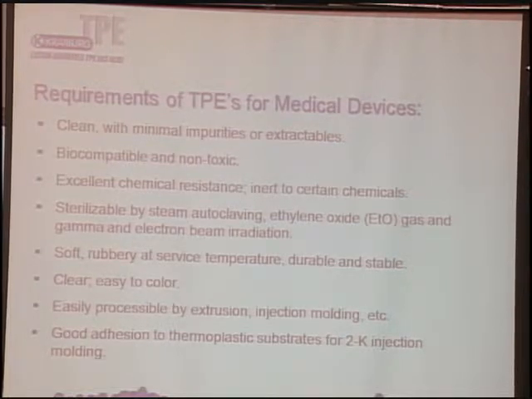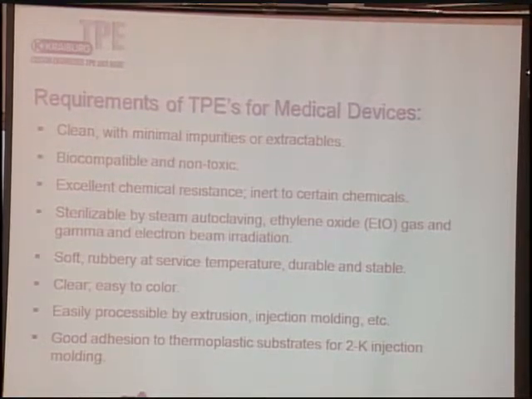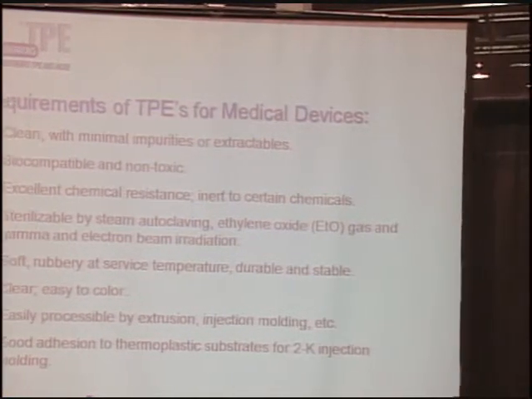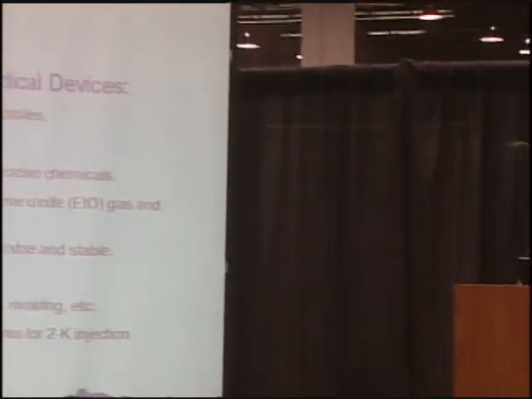We want the material to be durable and stable. And also, like I said, in many cases, they have to be clear and easy to color, so that they can be pre-colored for the parts. For the manufacturers, easily processable is also a unique feature that's desired for different applications, including the extrusion, injection molding.